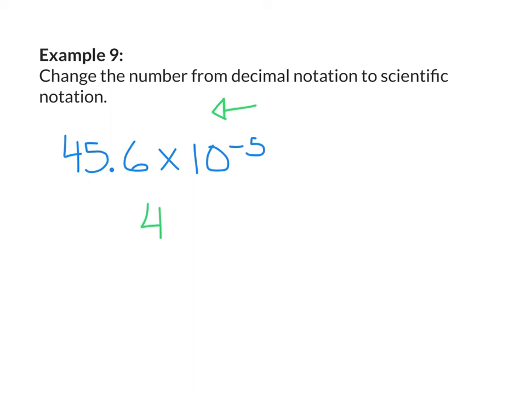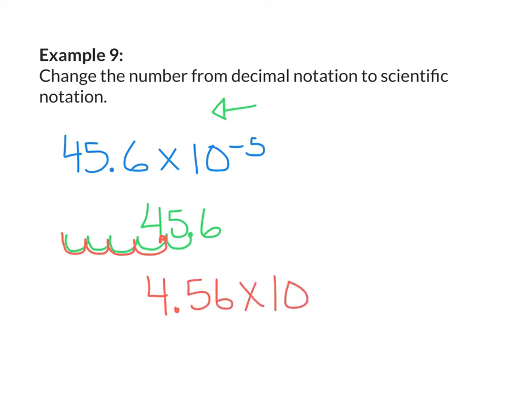So I'm going to rewrite my number, 45.6, start where my decimal is, and move 5 places to the left. 1, 2, 3, 4, 5. Now I want to get my decimal right in between the 4 and the 5 because that's the first non-zero digit. I'm going to start at the end and move 1, 2, 3, 4 times. So my answer is going to be 4.56 times 10 to the negative 4.